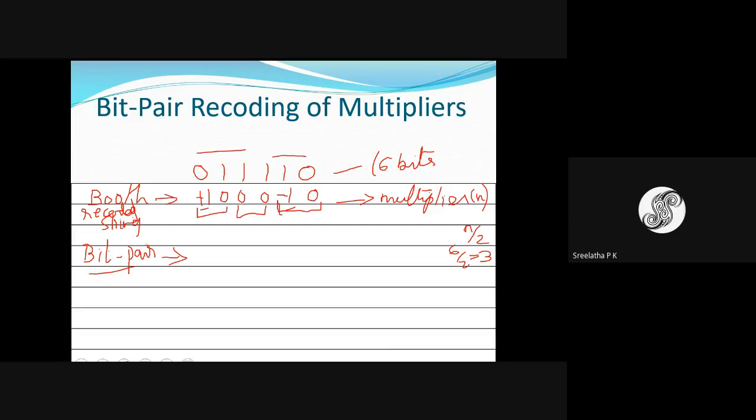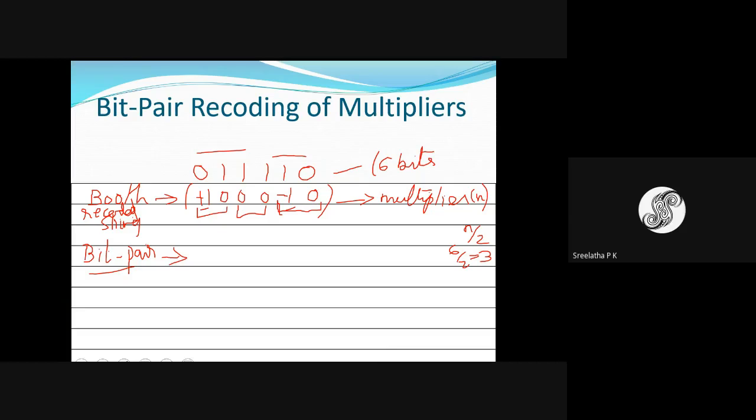Multiplication has to be done using only these 3 bits. Now, how do we reduce the 6 bits into 3 bits? We'll see that in this video.